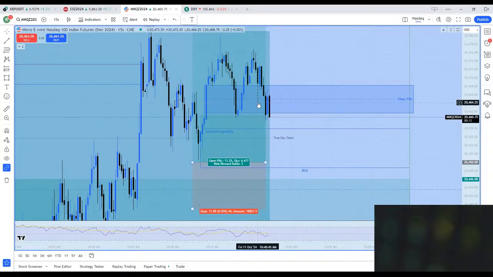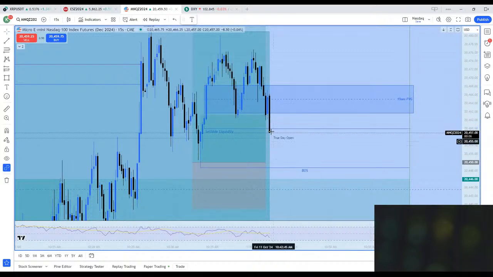There's a break of structure. Fair value gap right here. Right there could have been an entry to the downside.